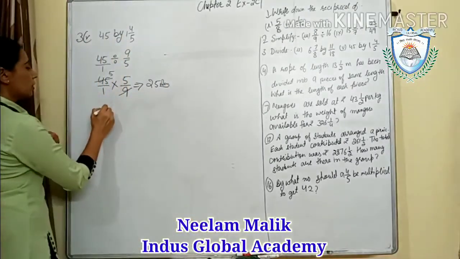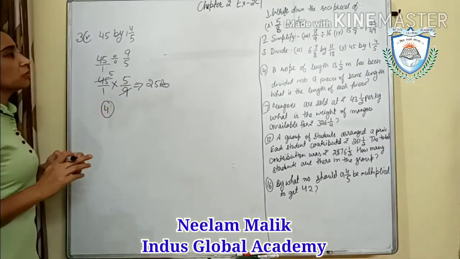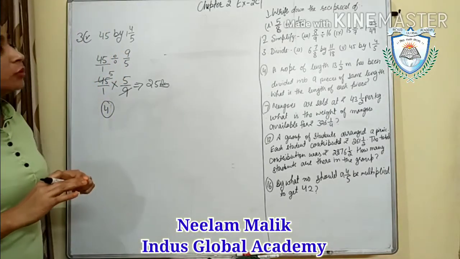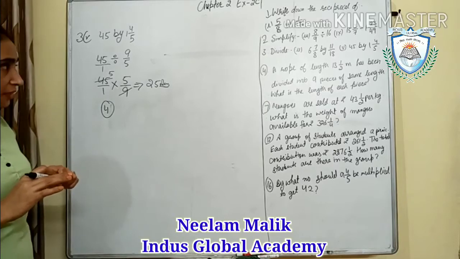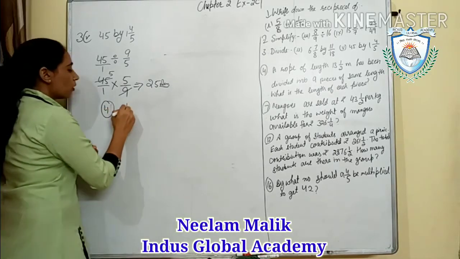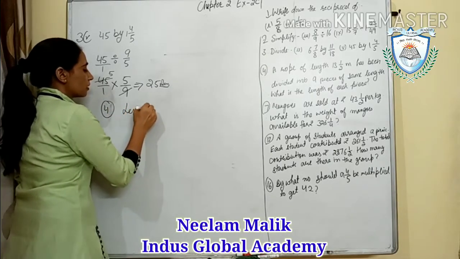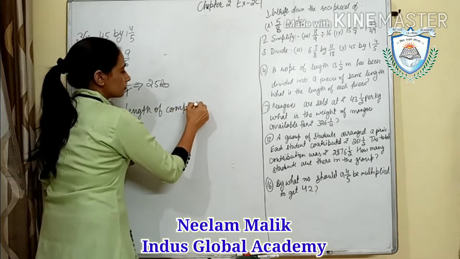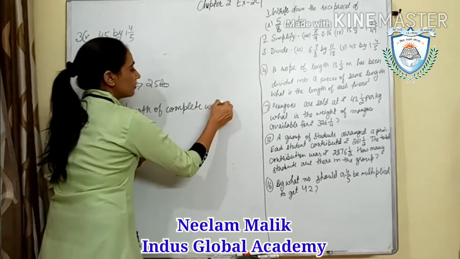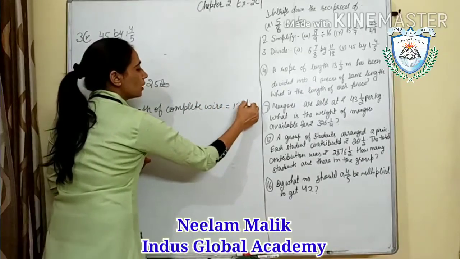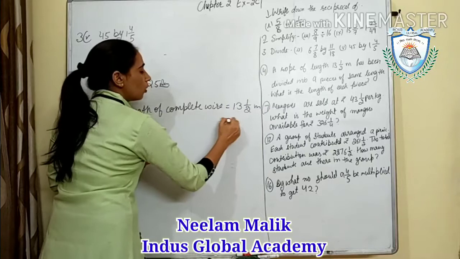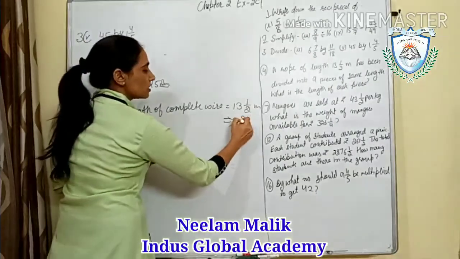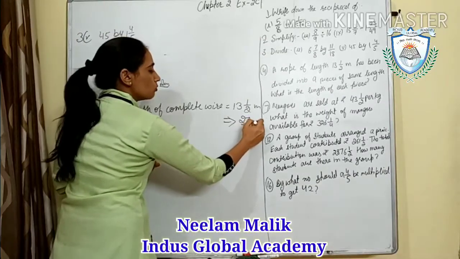Now question number 4. In question number 4, a rope of length 13 whole 1 upon 2 meter has been divided. The length of the complete wire is 13 whole 1 upon 2 meter, or we can say 27 upon 2 meter.